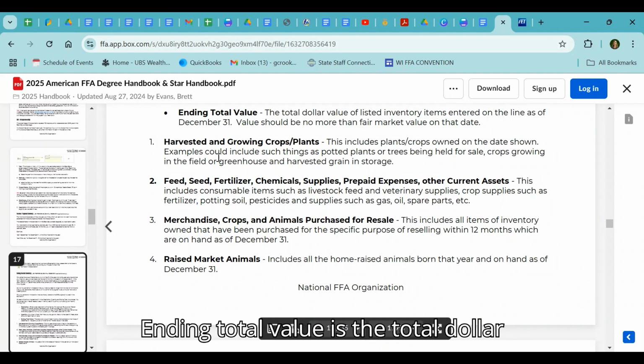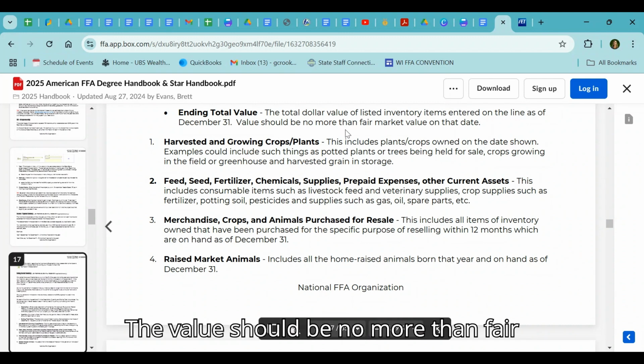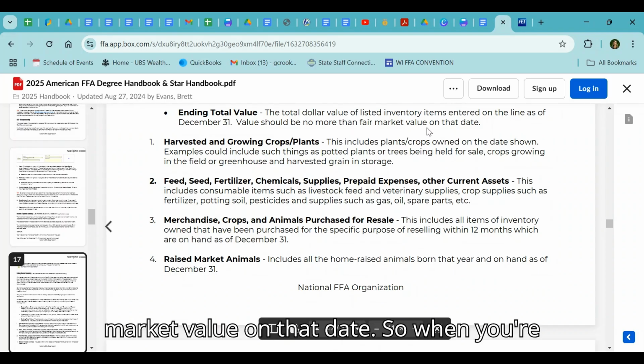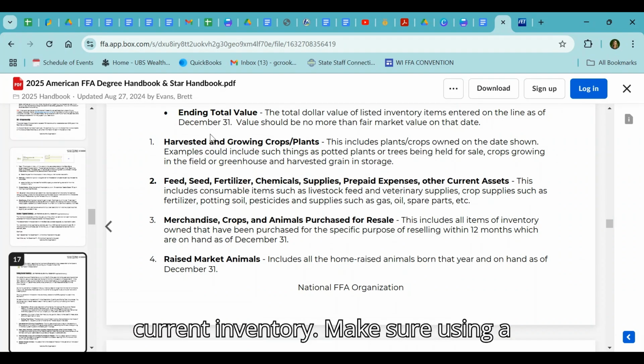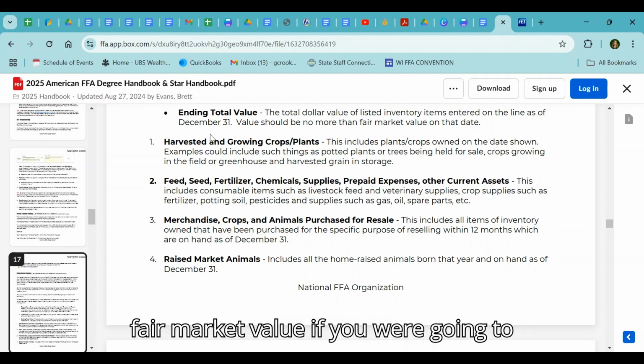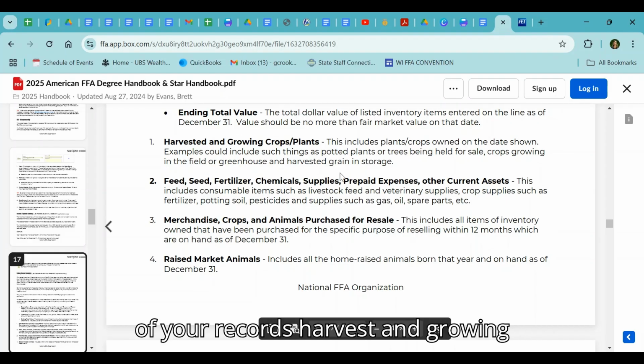Ending total value is the total dollar value of the listed inventory items entered on the lines as of December 31st. The value should be no more than fair market value on that date. So when you're putting in the value of your current inventory, make sure you're using a fair market value if you were going to sell it on December 31st of the last year of your records.